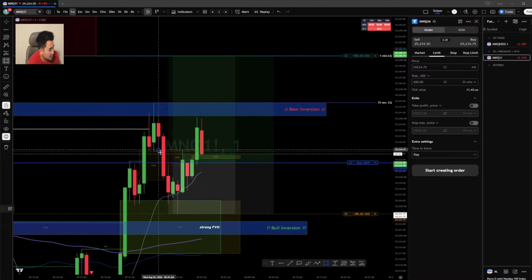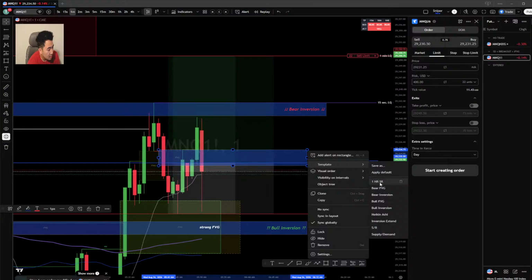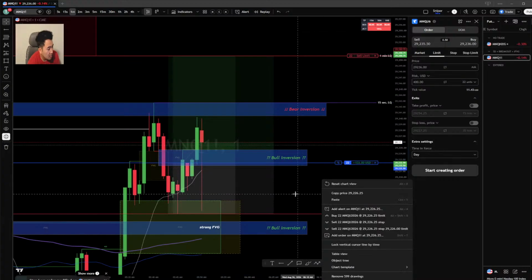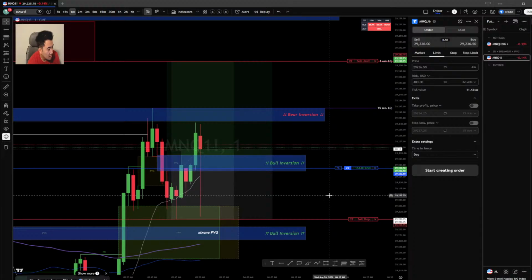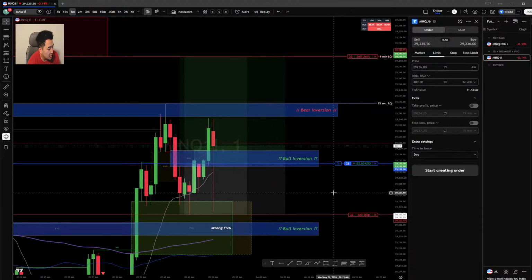This becomes a bullish inversion. Oh gosh, look at that spike. Look at that candle spike.